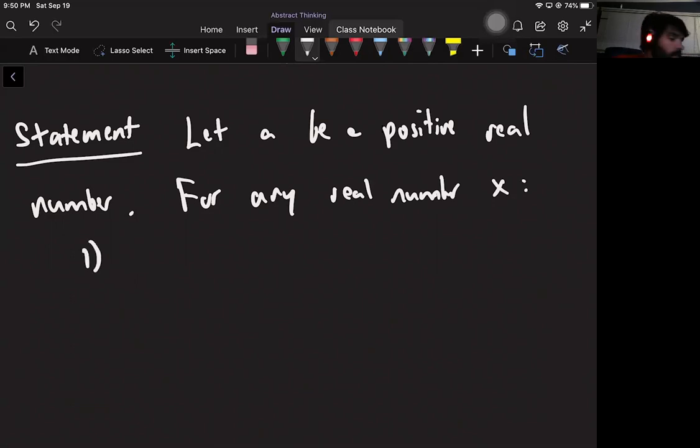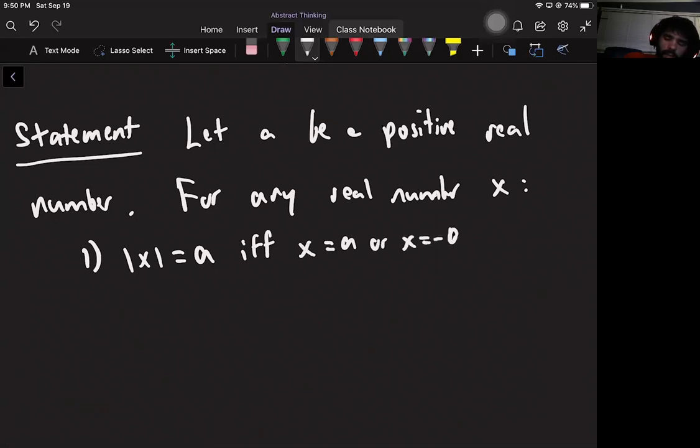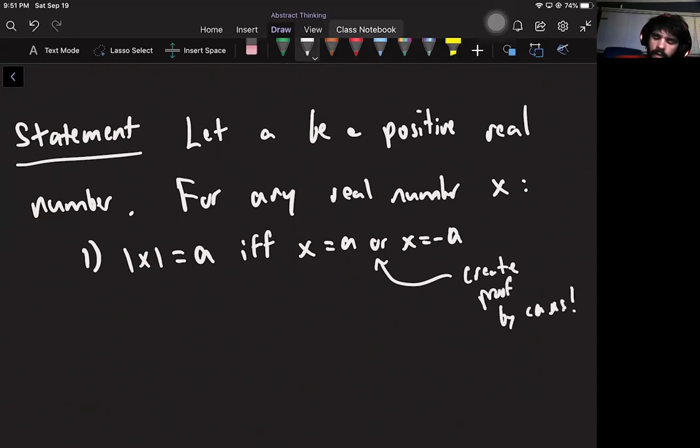The first is that the absolute value of x equals a if and only if x is a or x is negative a. Not -1, negative a. This or is going to automatically create a proof by cases, as we'll see. It's already going to set it up for us.